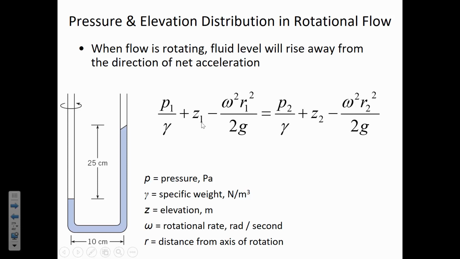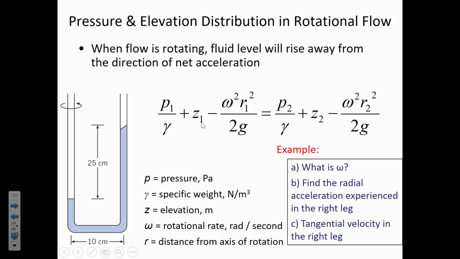And as long as we pick 2 points where we know a few things, we can predict whatever else is missing. So just as an illustration, let's say for instance that we want to find out what is the rotational rate.